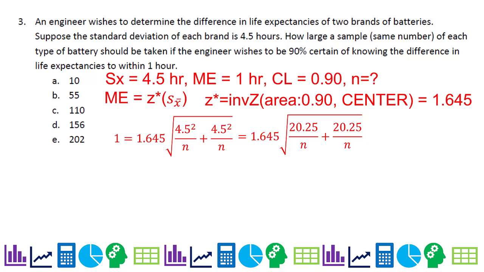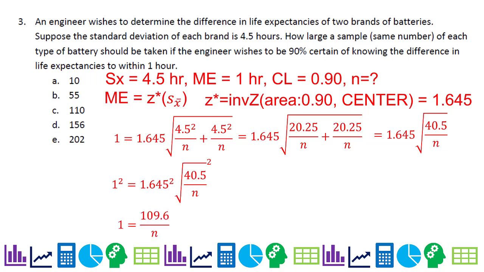So I get 1.645 times the square root of 20.25 over n plus another 20.25 over n, which is basically 40.5 over n. And then I square everything, which gives me 1 equals 109.6 over n. Solve for n, and I get 109.6. So my answer is D.